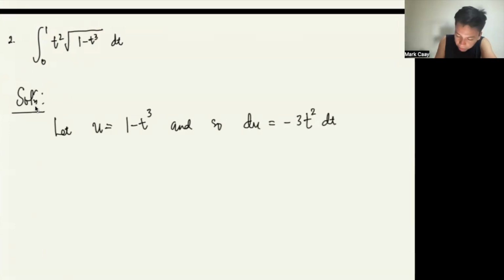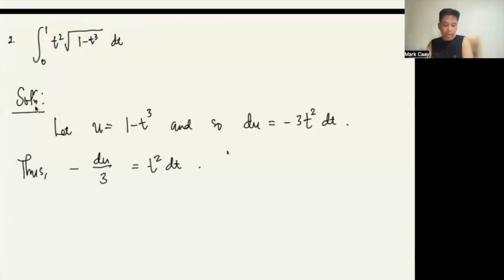Right? So I now have an idea because the t squared came out. So what I have here is t squared dt. I'll just leave this portion. Thus, negative du over 3 is equal to t squared dt. What will happen is we will replace this part.